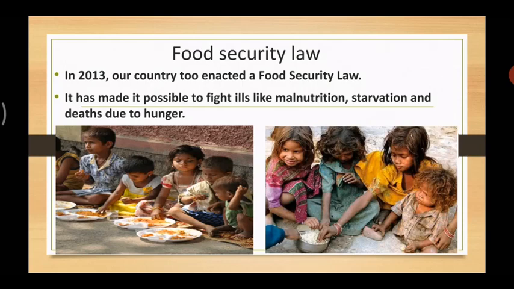So in 2013, they enacted a food security law under which poor people were given food grains to eat. It has made it possible to fight ills like malnutrition. Ills means sickness. Like malnutrition, starvation. Starvation means hunger. And deaths due to hunger.